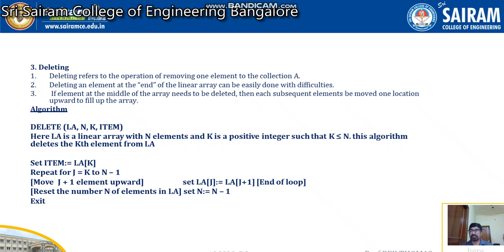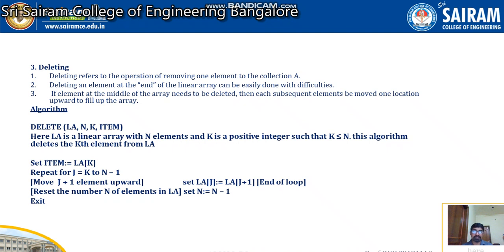But if you want to delete an element located at the last place, that is fine. We can do it: traverse the array, find the last element, and delete it. But when you have to delete an element in the middle of the array or somewhere near the start, the subsequent elements have to be moved one location upward to fill the gap.